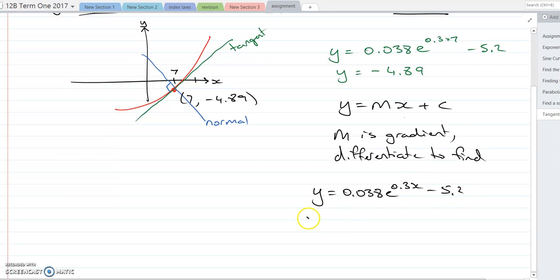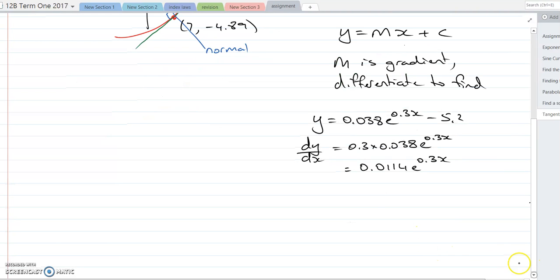We differentiate: dy dx equals, the 0.3 comes in the front, so it's 0.3 times 0.038 e to the 0.3x. That's how you differentiate e. The number in front of the x drops down in front. Then the minus 5.2 disappears. That equals 0.0114 e to the 0.3x.